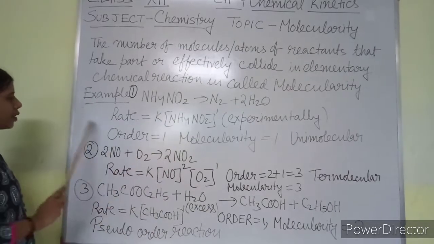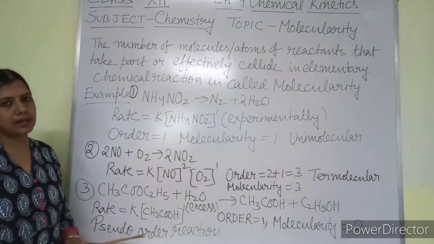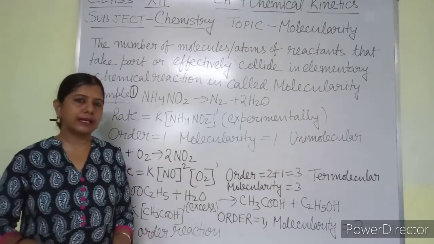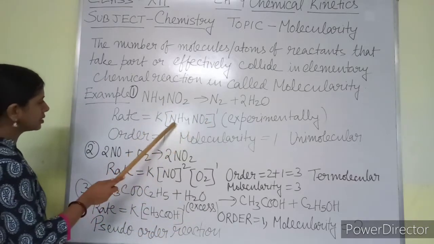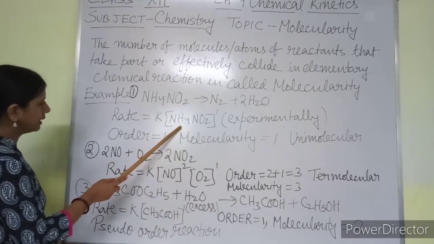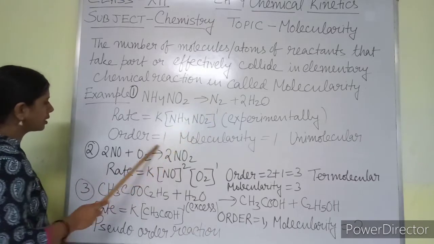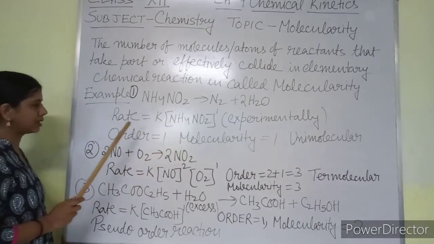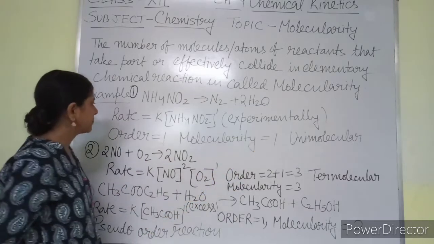From this rate we can calculate the order of a reaction, which I told you in the earlier video. The rate depends upon the concentration of the reactant only, and as the power is 1, the order is 1. Molecularity of this reaction that has been found theoretically is also 1.